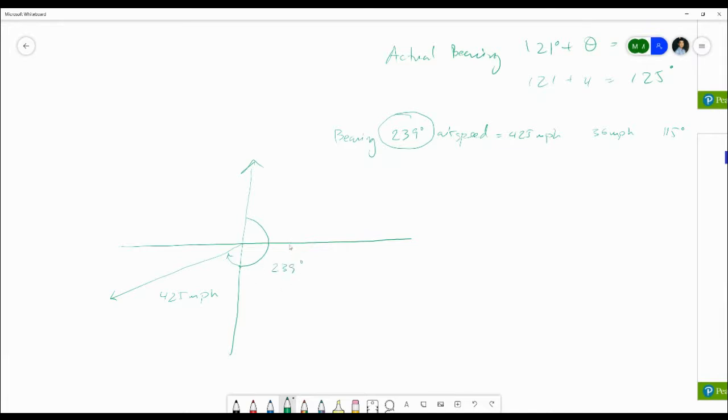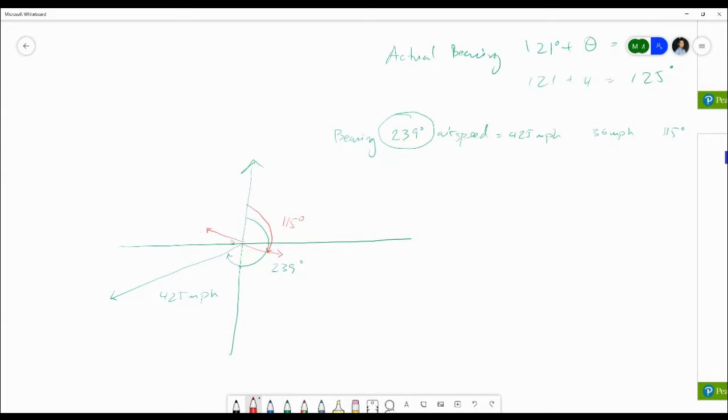And then the wind is blowing at 115. Okay, so where's 115? Well, that's 90 right here. A little bit more would be 115. So again, I want to emphasize that it's saying from, so you need to go in the opposite direction. So the wind is actually going this direction. From here to here is going to be 115 degrees. But since it says from 115 degrees, the actual vector I'm going to use is this one right here.